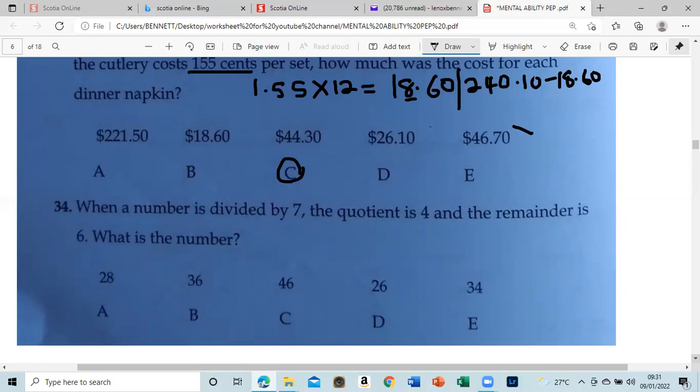What is the number? That can only be 34. Alright, so 7 times 4 is 28 plus 6. Yes, it's correct. I will be working out the maths one, guys. So look out for the videos for those, alright?